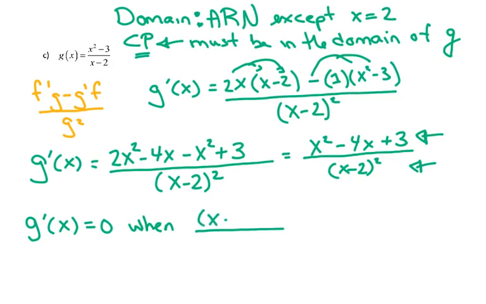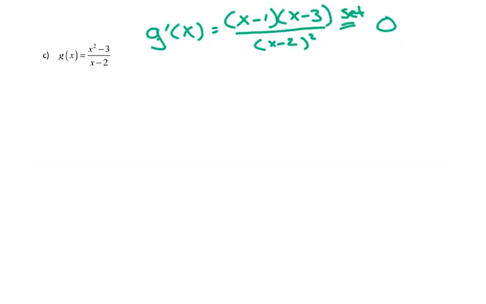If it does factor, it would be like this, wouldn't it? Now, does that make sense? I think that looks good. So obviously we need a new page, so hang on. Okay, remember what we're doing. We're trying to find the critical points.